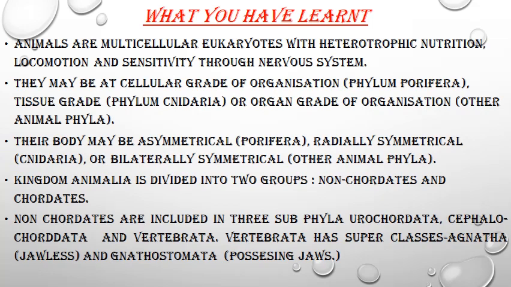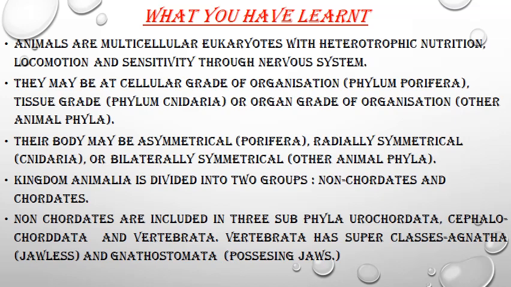In this chapter, what you have learnt, go through. Animals are multicellular eukaryotes with heterotrophic nutrition. This is the summary of this whole PPT. Understood? The chapter is long. So animals are multicellular eukaryotes with heterotrophic nutrition, locomotion and sensitivity through nervous system.